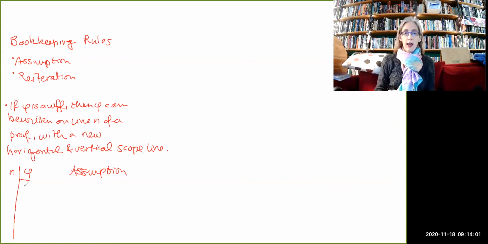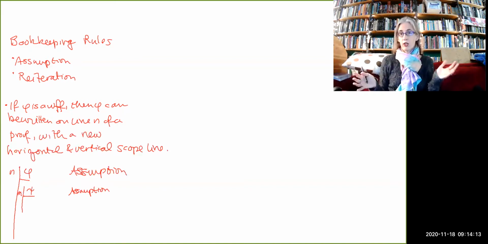But the other thing where the assumption rule here differs from the one in the syllogistic is that we are free to make as many assumptions at any time as you want. So at line M here, I could assume psi, and then within that, I could assume, say at line I, some formula gamma, and so on and so on. You can always assume anything you want.